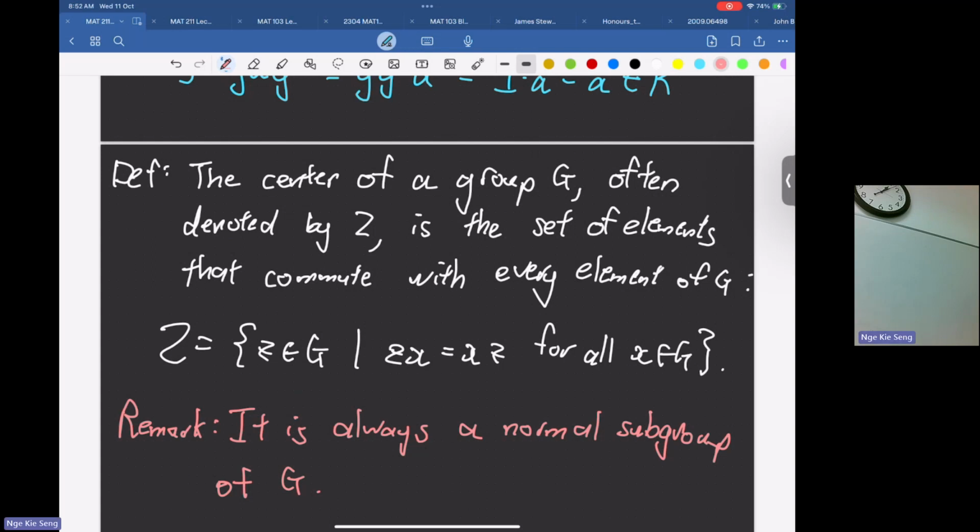Closure: if z can commute and y can commute, can zy commute with the rest? Yes. And then identity: the identity can commute with anyone. Yes.